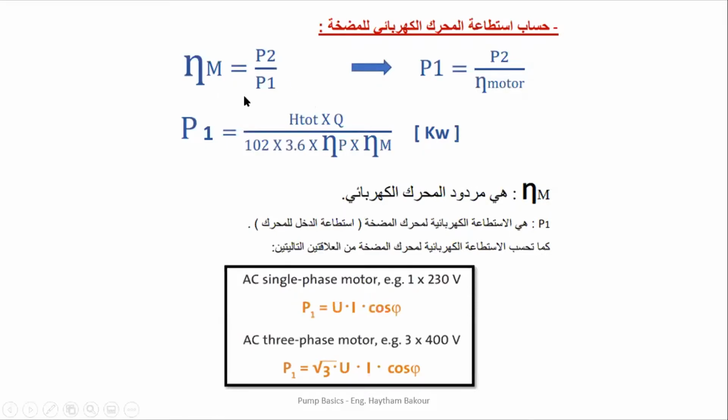We are going to move to calculating how much motor power we have. We have it as P2 divided by P1, which is the mechanical power divided by P1, the electrical wiring power.